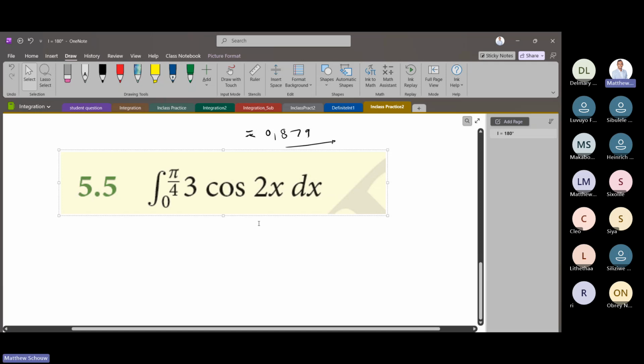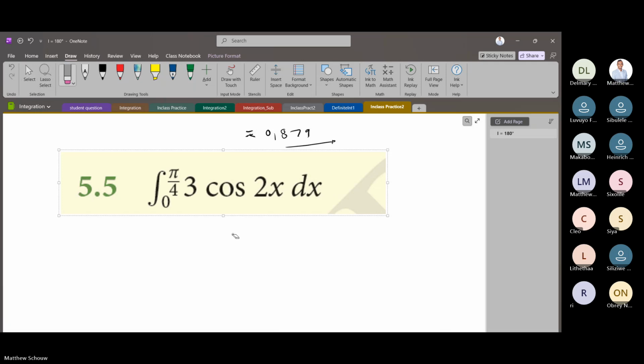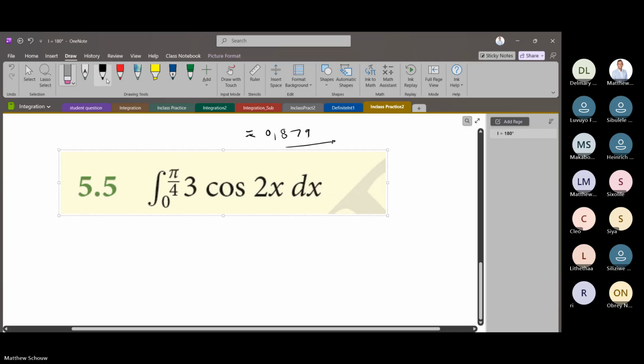Are you guys winning with this one? The integration of this would be the following. It will be sine 2x. If you remember your substitution, it will then be divided by 2. And of course, we have to times the 3 over here. So we can say it's times 3 like that, or 3 over 2 sine 2x, same thing.